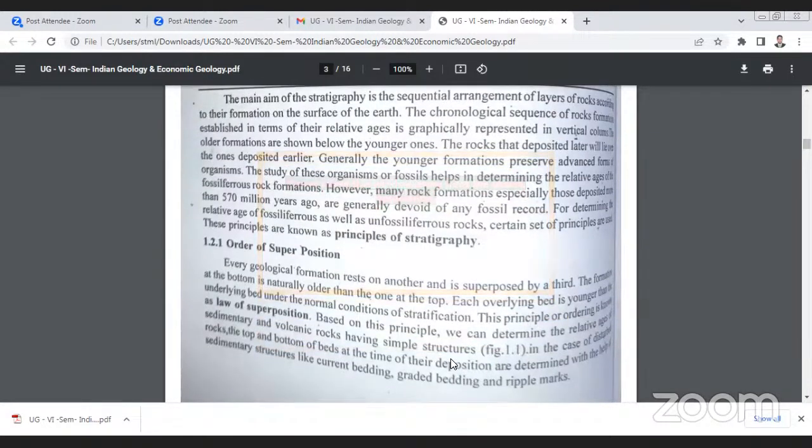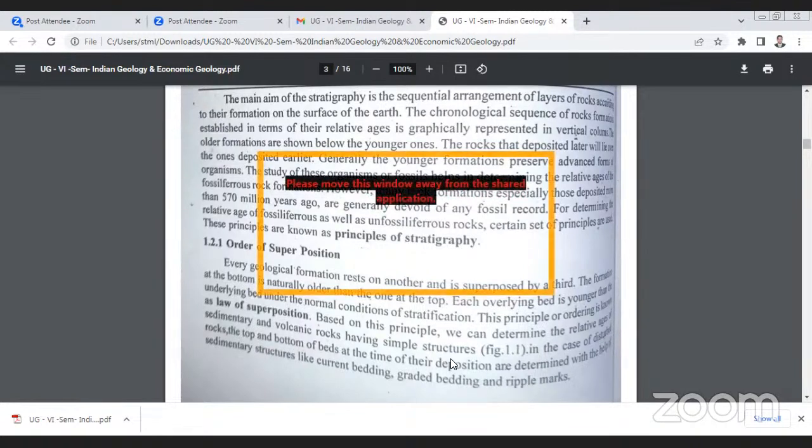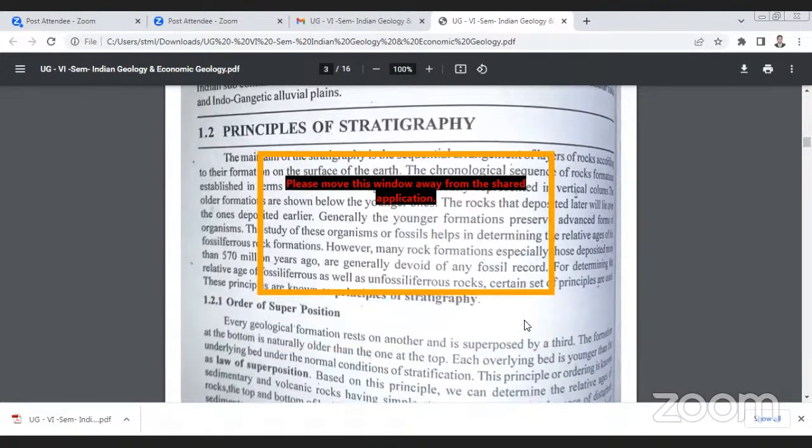Next one is the order of superposition. Here, we know that there are various geological formations, one resting on another and superimposed by the other. The formations at the bottom are naturally older.